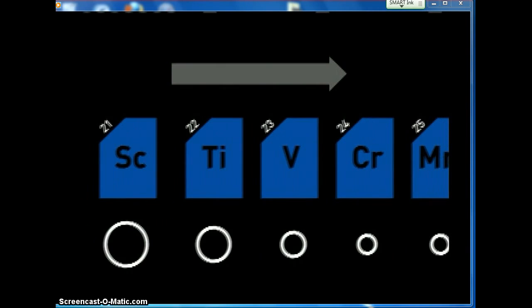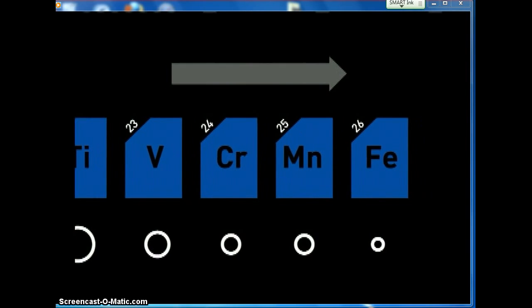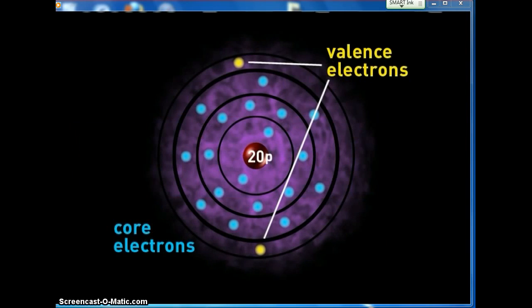Why? Both the nuclear charge and the number of core electrons increase going left to right across rows in the D block. The increasing nuclear charge pulls the valence electrons closer to the nucleus, but the increasing number of core electrons pushes them away again. These two effects oppose each other.